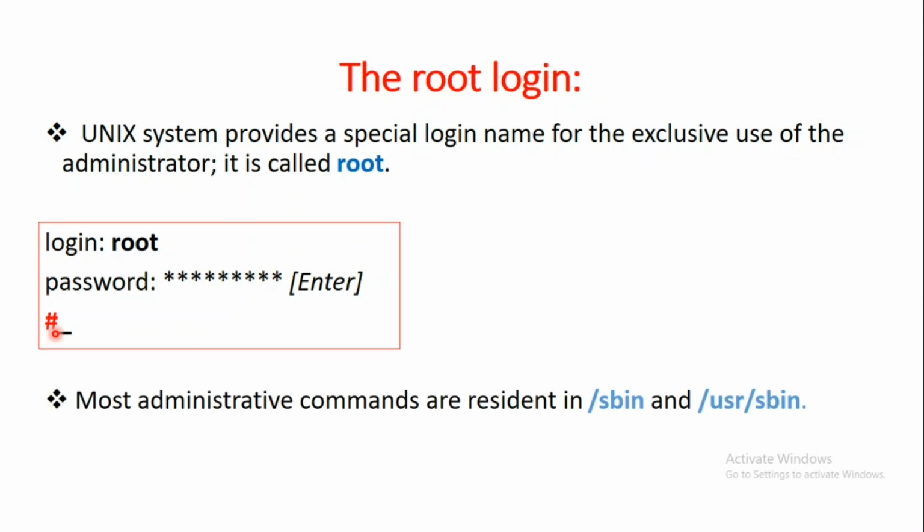And this admin will have some special privileges which are not normally available for regular users. Some of the commands can be executed only by the admin of the system, which exist under the sbin directory, or under usr there is an sbin directory. Both come under the root directory.